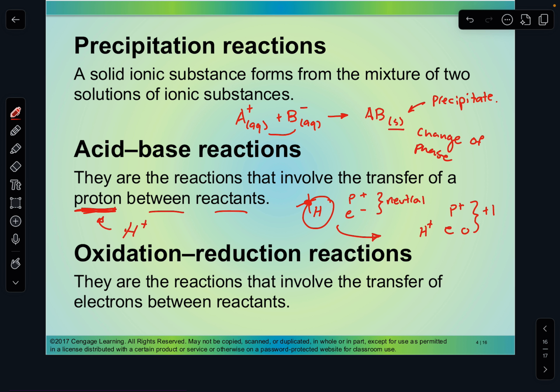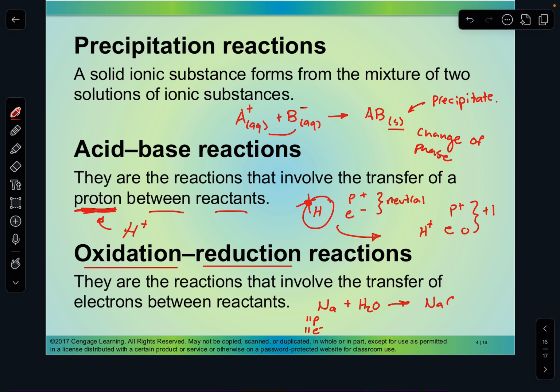Okay, and so oxidation-reduction reactions is something we're about to get into as well. These ones can get a bit more complicated, but they are reactions that involve the transfer of electrons between reactants. Something like this: let's say that we have Na, sodium metal, plus water, and we react them together. This sodium has 11 protons and 11 electrons.